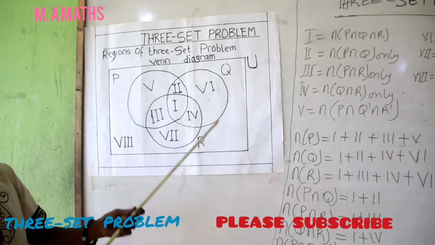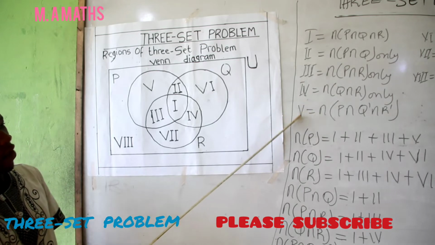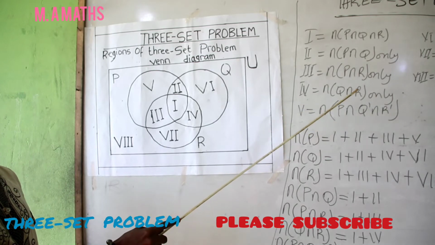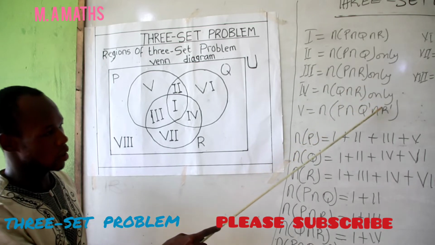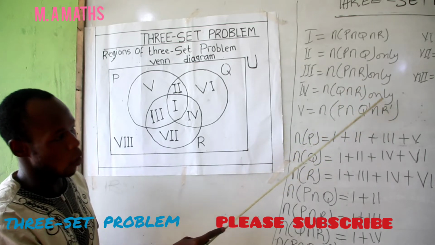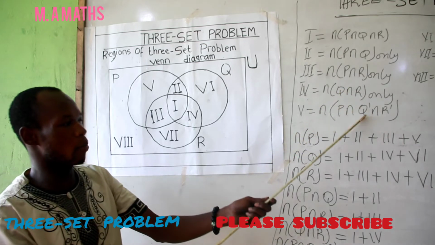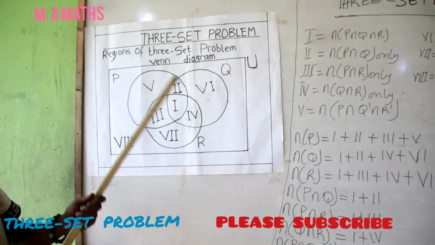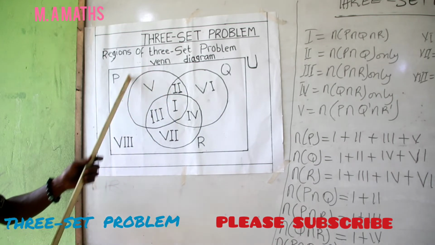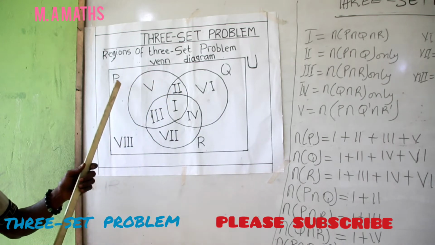Region 5 represents P intersection Q complement intersection R complement, which is P only.